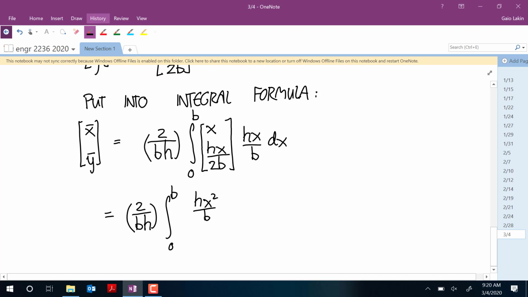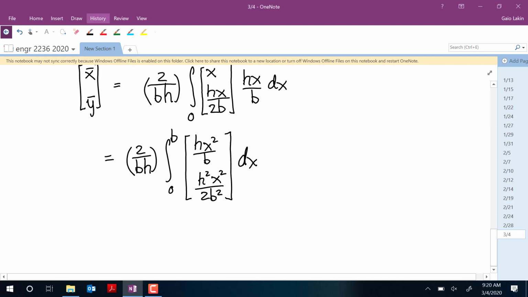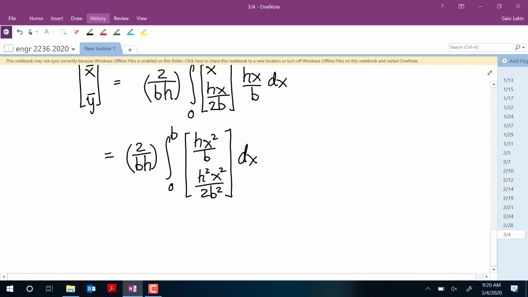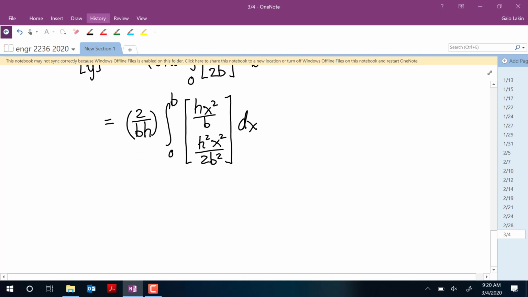And for the y value, it's going to be h squared x squared over 2b squared, dx. And now integrate that. I'm going to still keep this outside. So we have the 2 over bh.